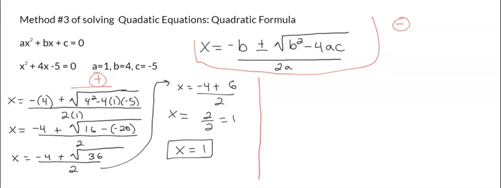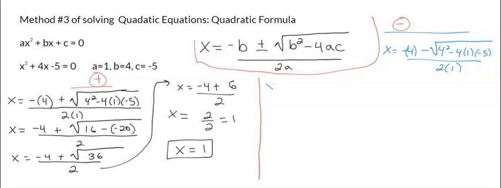Similar to the first two problems. Okay, now the negative side. So x is equal to negative 4 minus the square root of 4 squared minus 4 times 1 times negative 5, over 2 times 1.